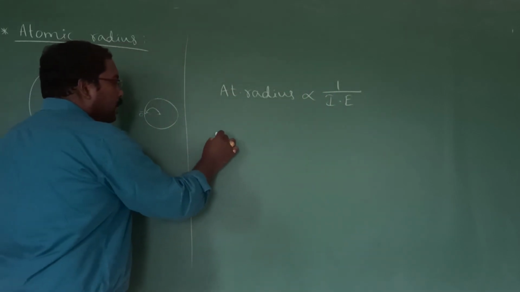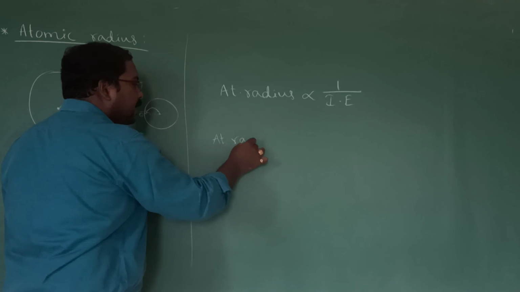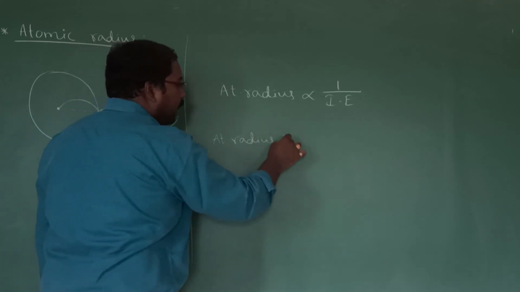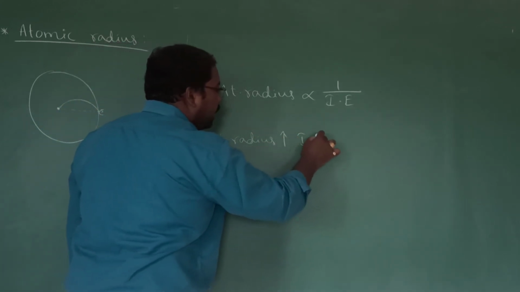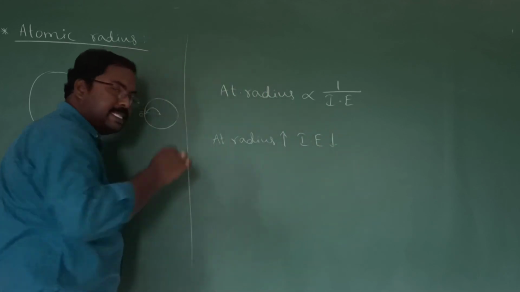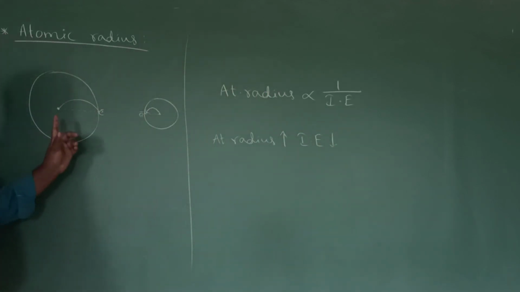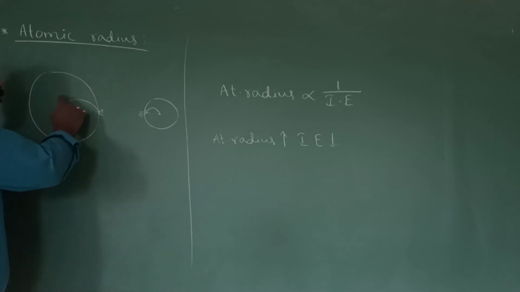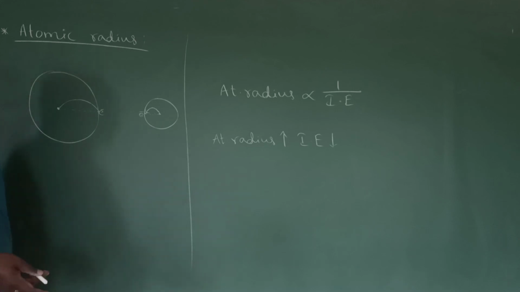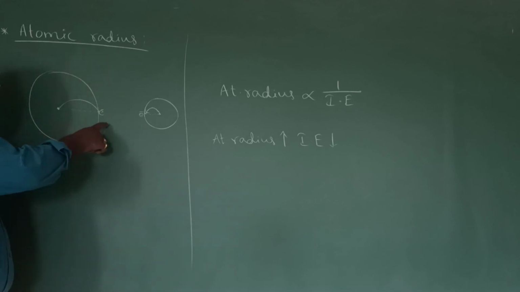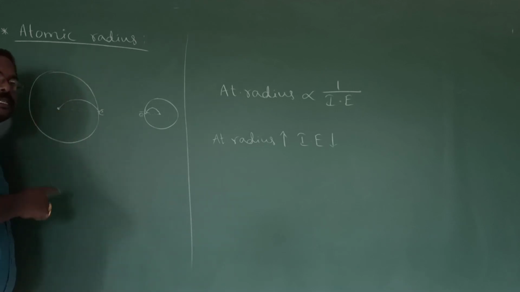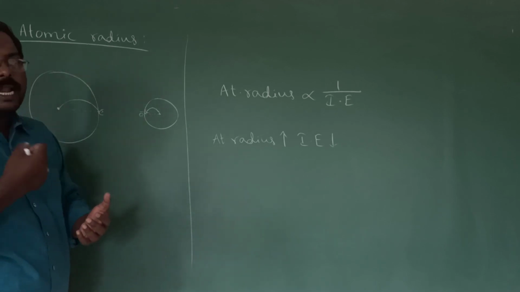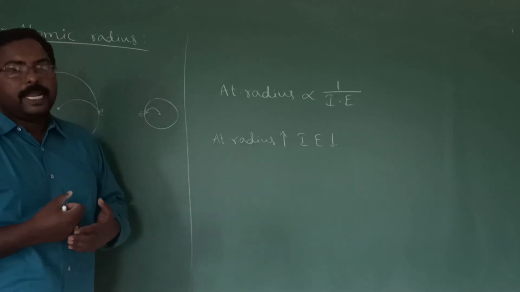As atomic radius increases, ionization energy value decreases. Reason what? As the atomic size is increasing, radius is also increasing. So the effect of nucleus on the outermost orbit decreases. When the effect of nucleus is less, we can remove the electron from the outermost orbit very easily.